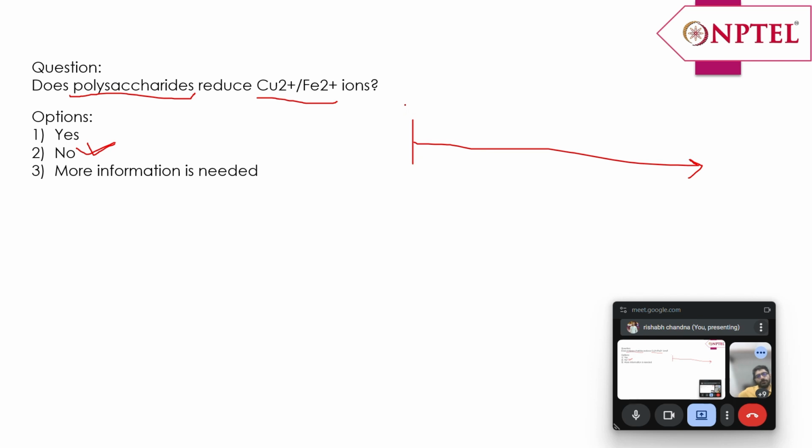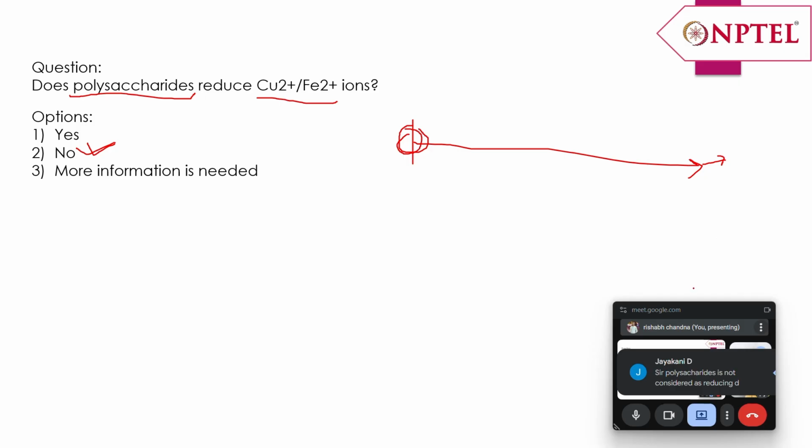One end would have a free functional group, and the other end would have no functional group. Because in most polysaccharides, for example glycogen or cellulose, there is one end that doesn't have any functional group, and the other end that might have a free functional group.